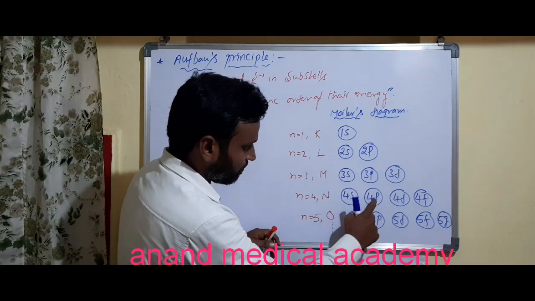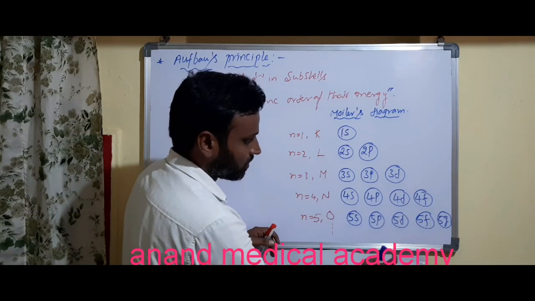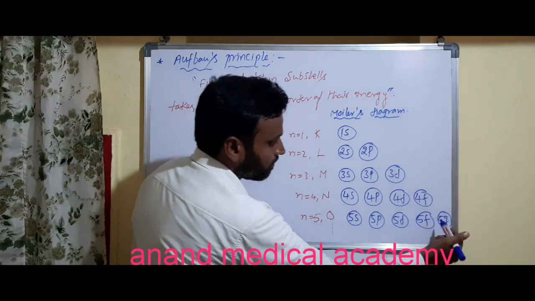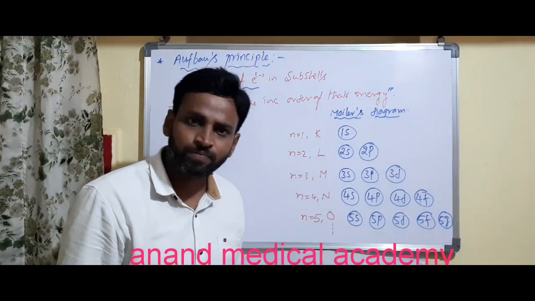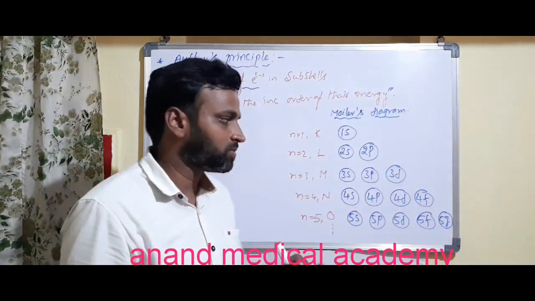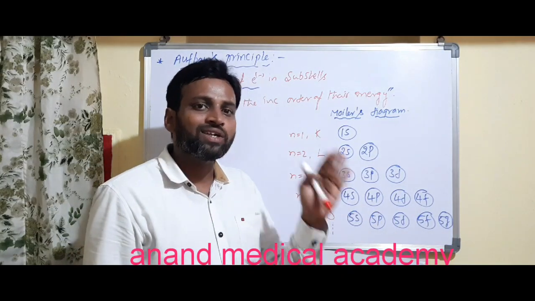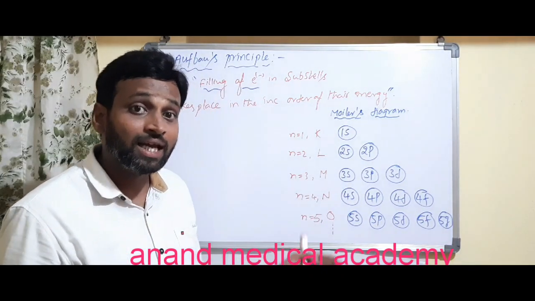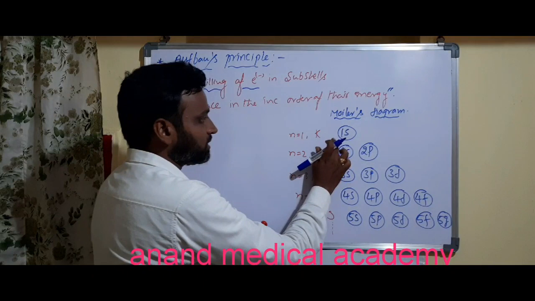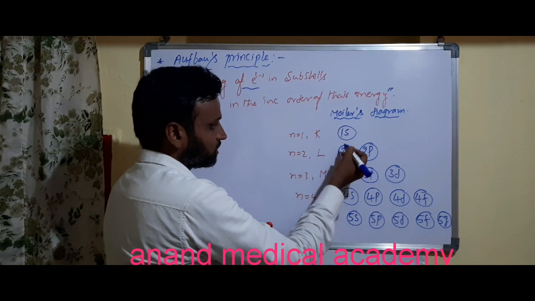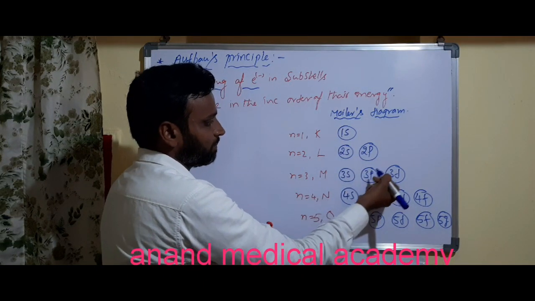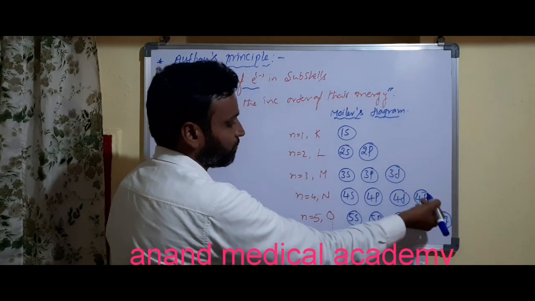Here S, P, D and F are there commonly, but 5G is extra. So what you have to observe here: every new shell has a new subshell. So 1S first, 2S, 2P, next 3S, 3P, 3D, next 4S, 4P, 4D, 4F.